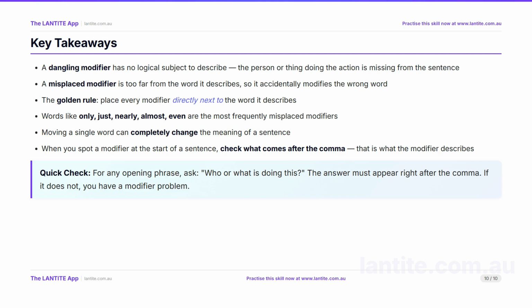Words like only, just, nearly, almost, and even are the most frequently misplaced. And remember, moving a single word can completely change the meaning of a sentence. The quick check is this. For any opening phrase, ask who or what is doing this action. The answer must appear immediately after the comma. If it does not, you have a modifier problem that needs fixing.